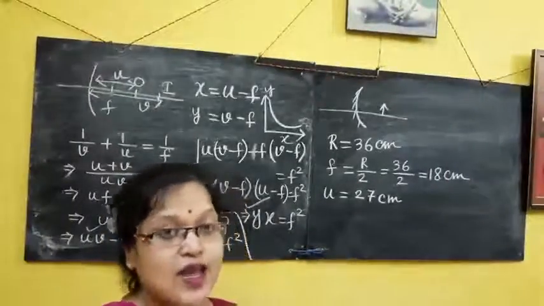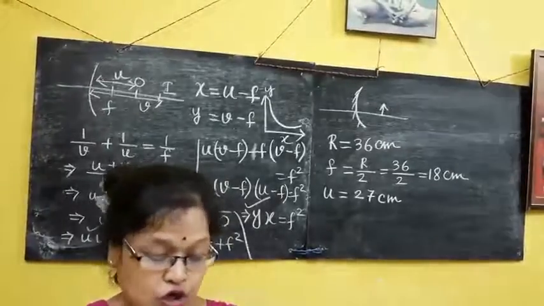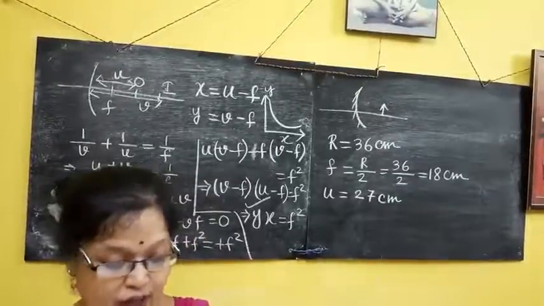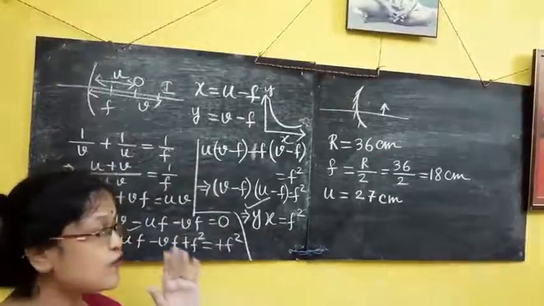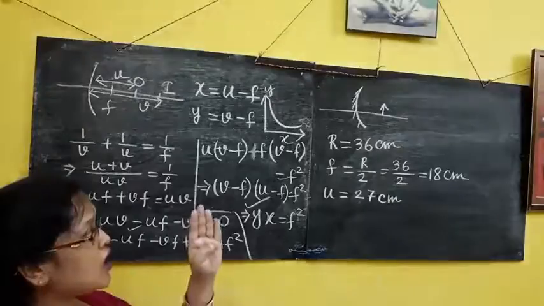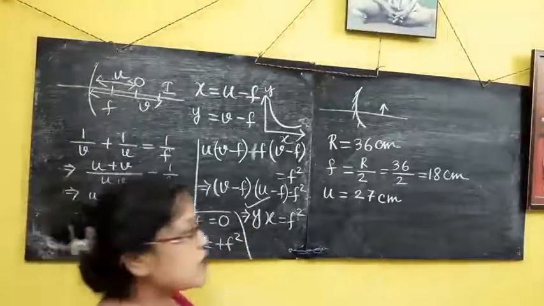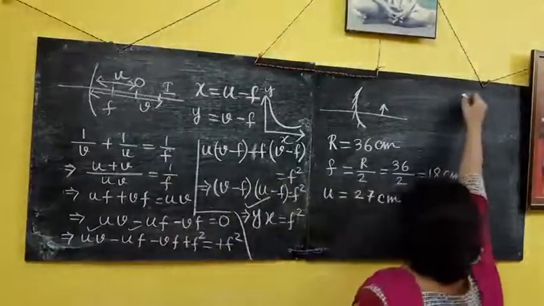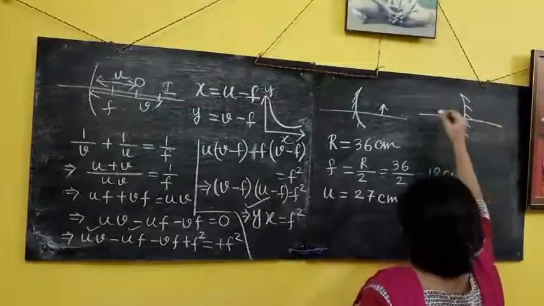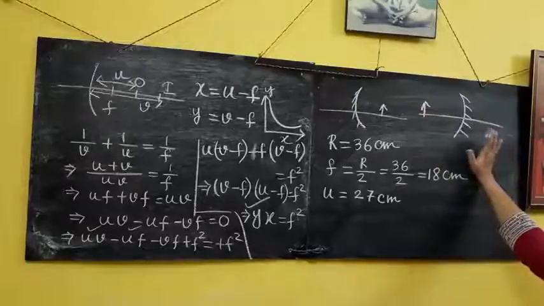Now tell me one thing. In the case of a concave mirror, the object is placed in front of the mirror. If this is my concave mirror and this is my object, the object distance is on my left hand side.